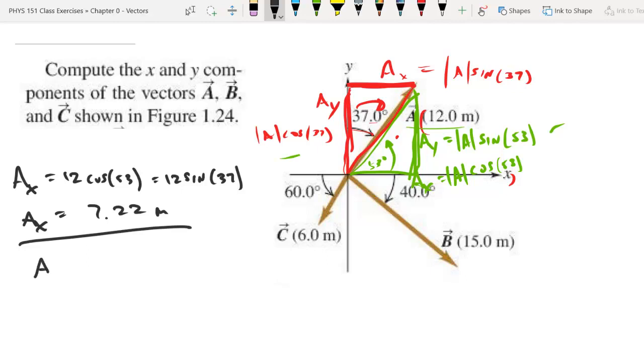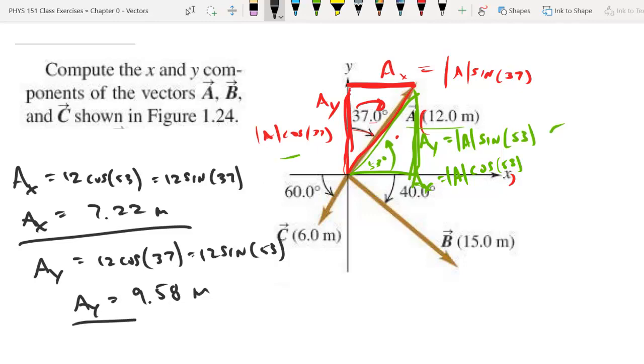AY is going to be the magnitude of A again, which is 12, so this is 12 cosine of 37, or 12 sine of 53. Again, same thing here. And AY is 9.58 meters. The units of the components would be the same as the units of the magnitude of the vector itself.